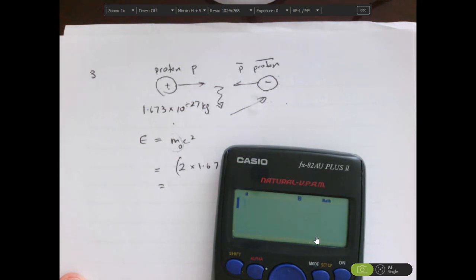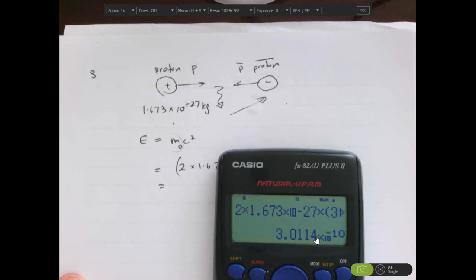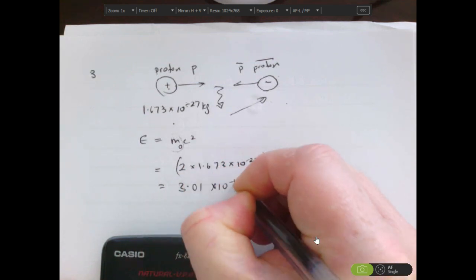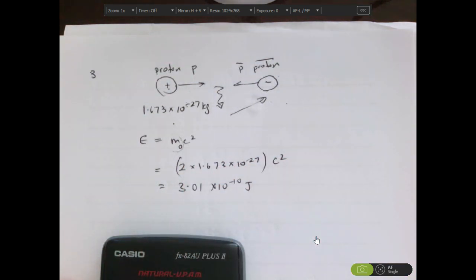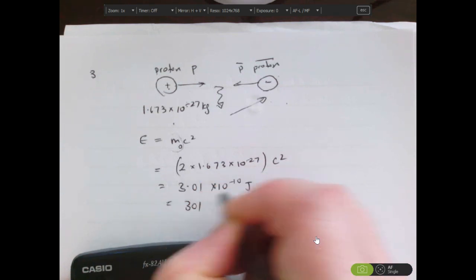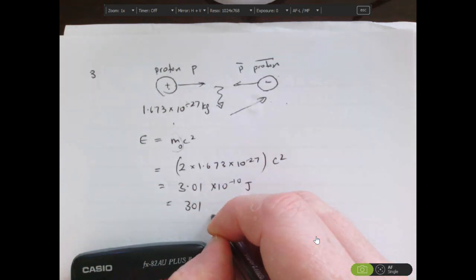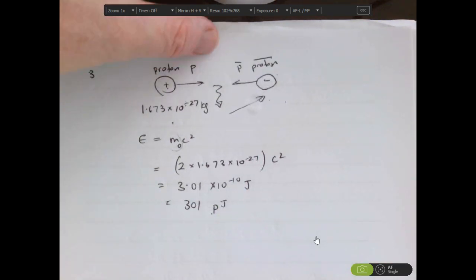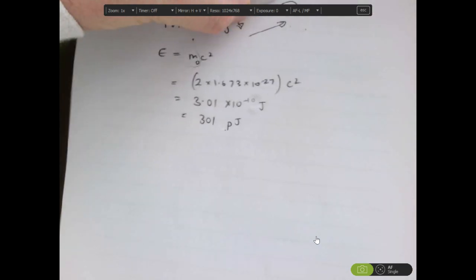So it is 2 lots of 1.673 exponent negative 27 times 3 exponent 8, all squared, and it comes to 3.01 by 10 to the minus 10 joules, also known as 301 picojoules. Okay, so let's move on to question 4 now.